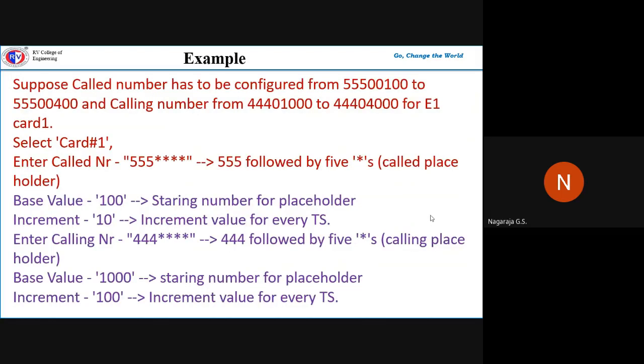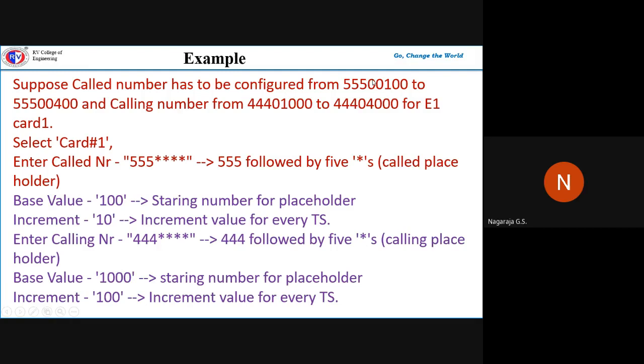Once you complete that, you get all the details in terms of a report like this. This is a generated report example. Look at this. Suppose the call number has to be configured from 55001002 to this number, and the calling number from this to this, using E1 card 1.